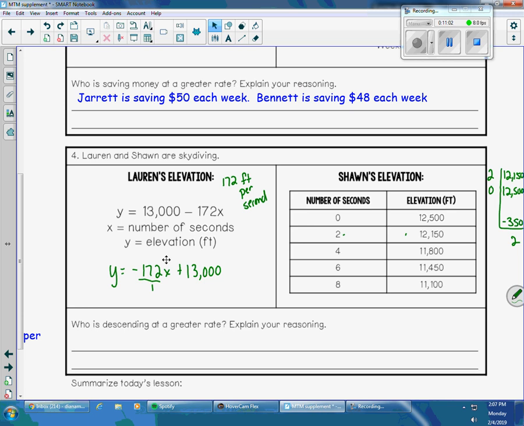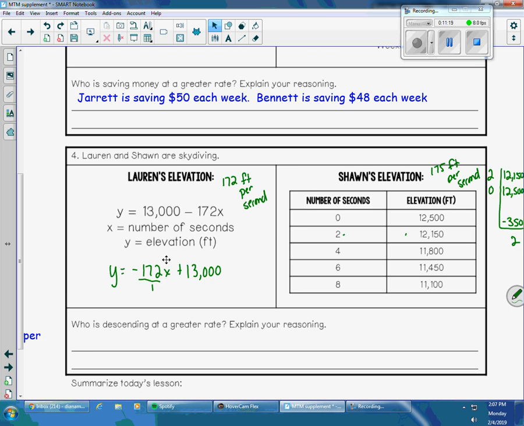Negative 350 divided by 2 is negative 175. So I'm looking at 175. Well, he's dropping at negative 175. That's 175 feet per second.